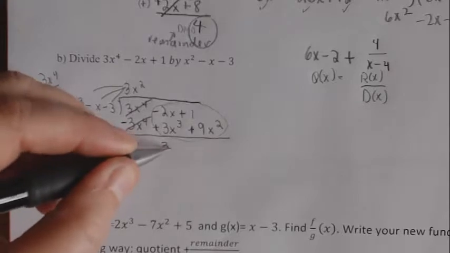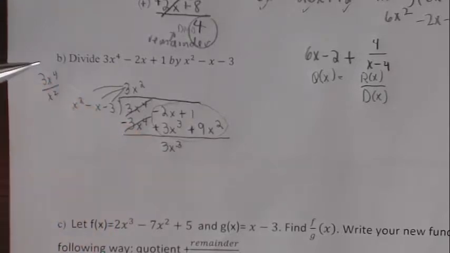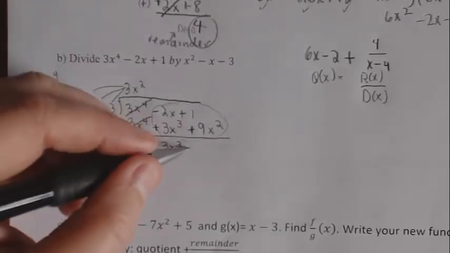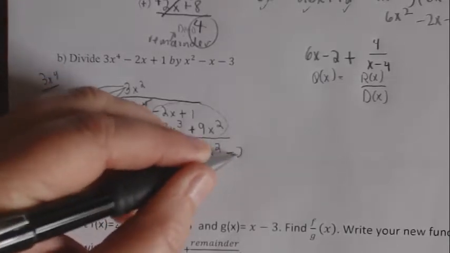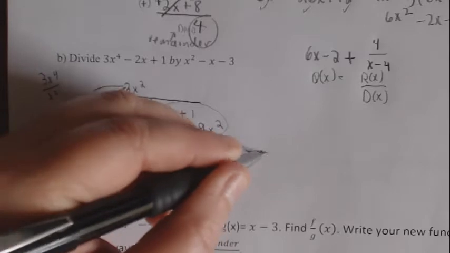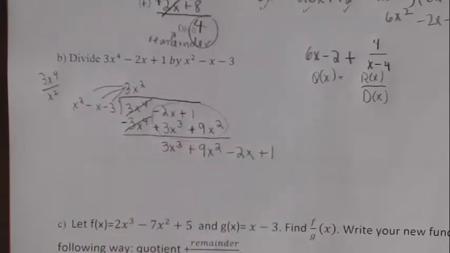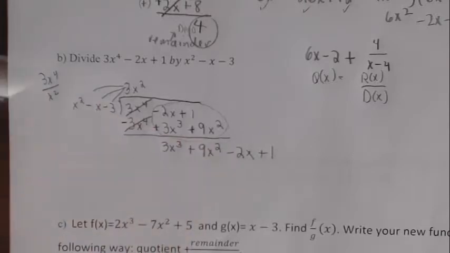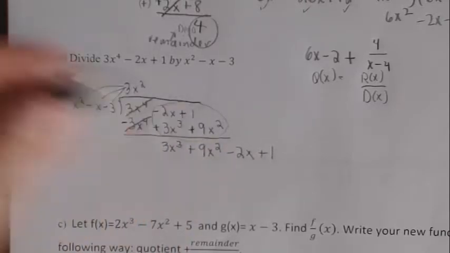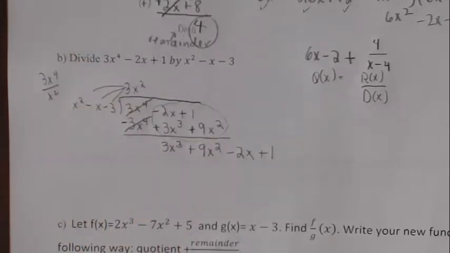So 3x cubed has no like terms, but it's got the highest degree. And then 9x squared would be next, and then minus 2x, and then plus 1. So it doesn't take long for what you're dividing into to end up having all your terms. It's just this step right here where you have to be careful not to add unlike terms.